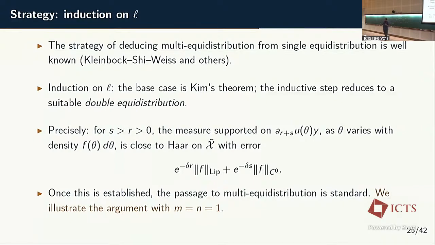The central limit theorem uses higher order correlations between observables, so I need to factor in how these observables interact with each other. In order to do that, I need not just equidistribution, but a higher order equidistribution. There's a standard way of doing that, using induction. This is well known. What it involves is two facts.